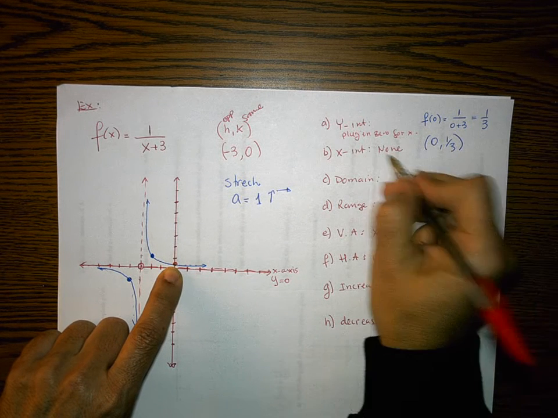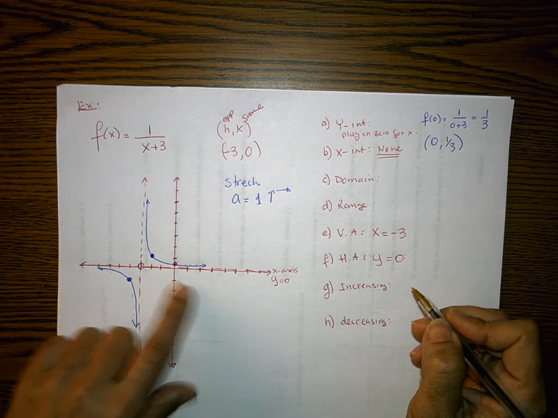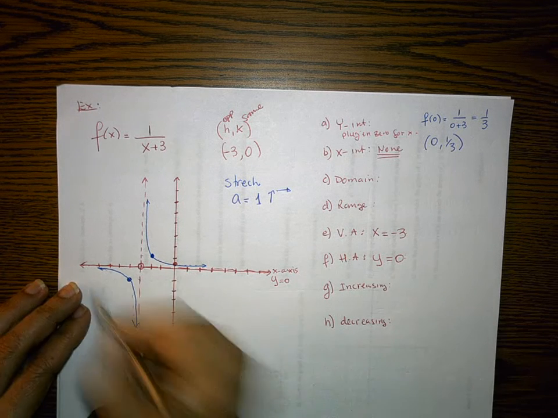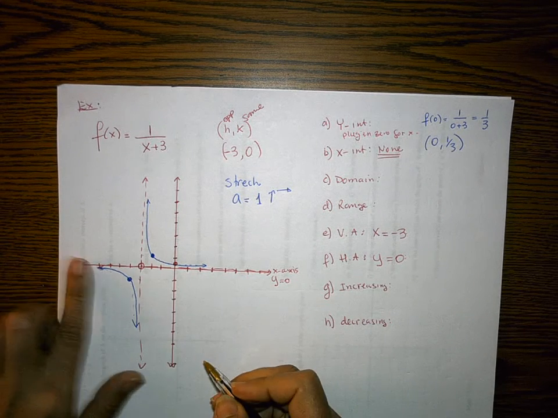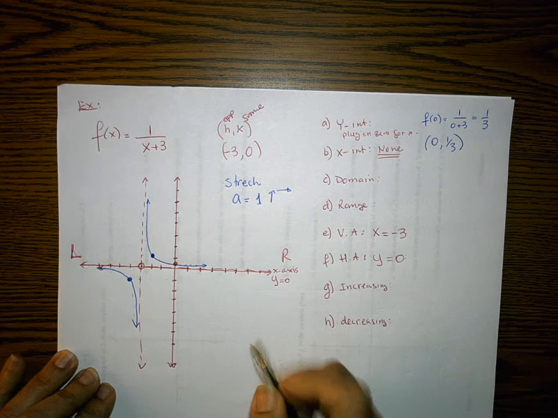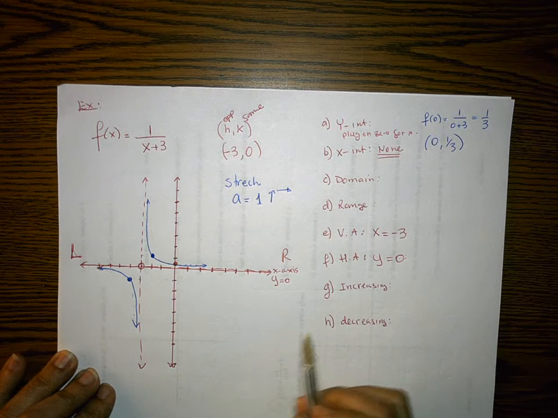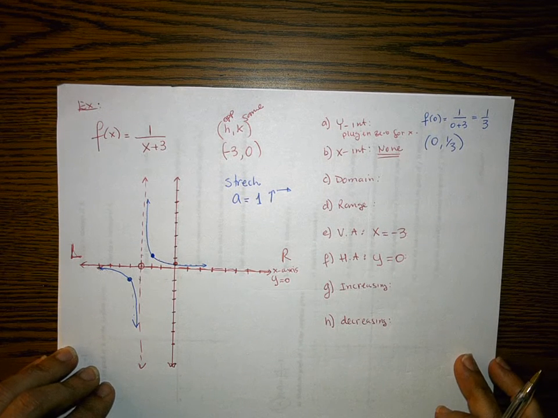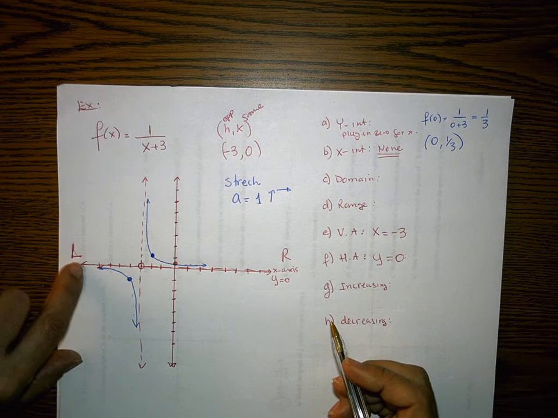We don't have an x-intercept because there's an asymptote right there on the x-axis. Our domain always comes from negative infinity. We read graphs from left to right, and that is the only direction we follow. We don't do it back and forth, we just do it one time. So my domain, I'm coming from negative infinity right here.